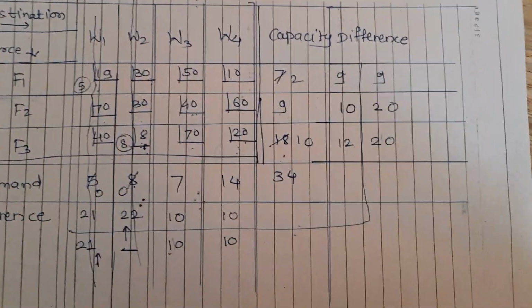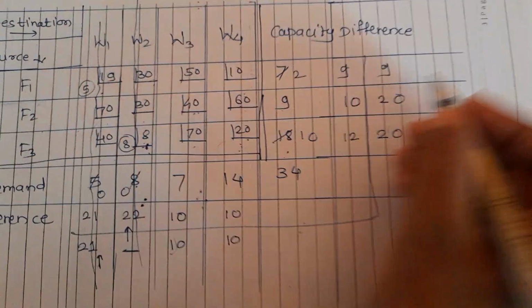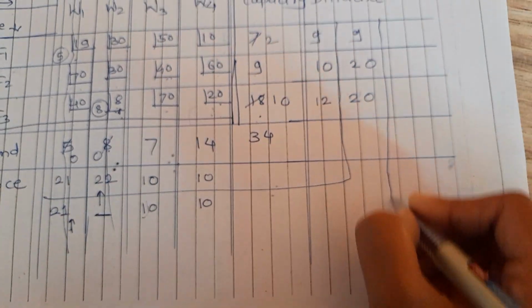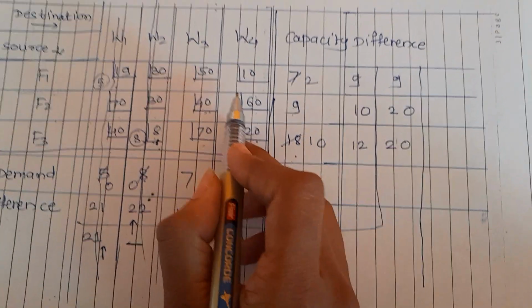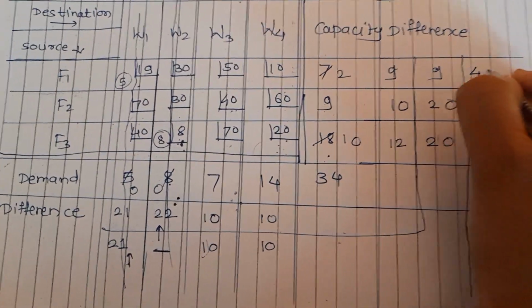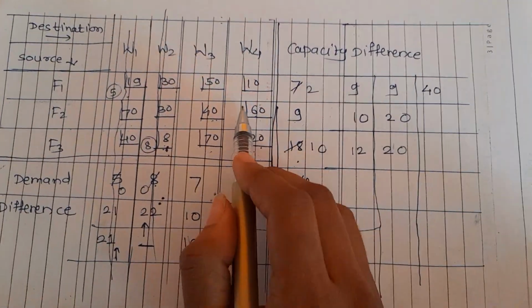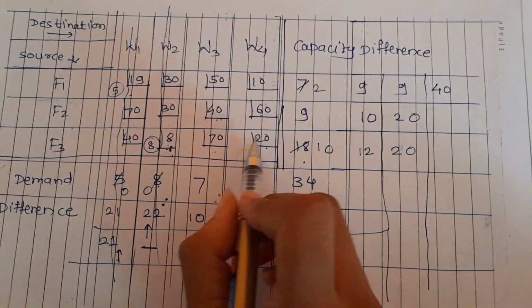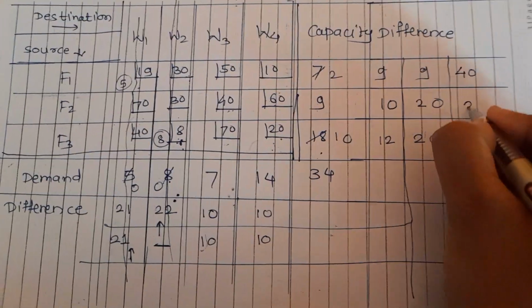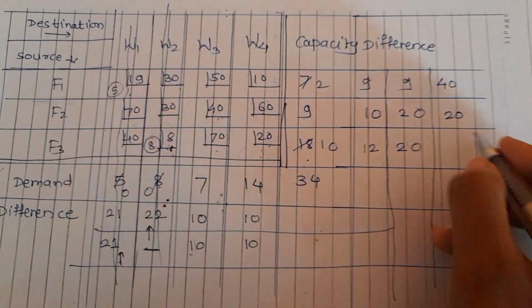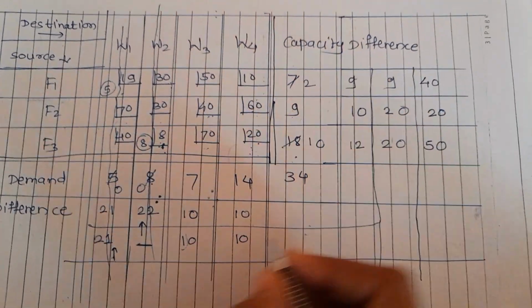Now again find the differences for the remaining values. Repeat this procedure until the allocation is complete. 50 minus 10 is 40, 60 minus 40 is 20, 70 minus 20 is 50.